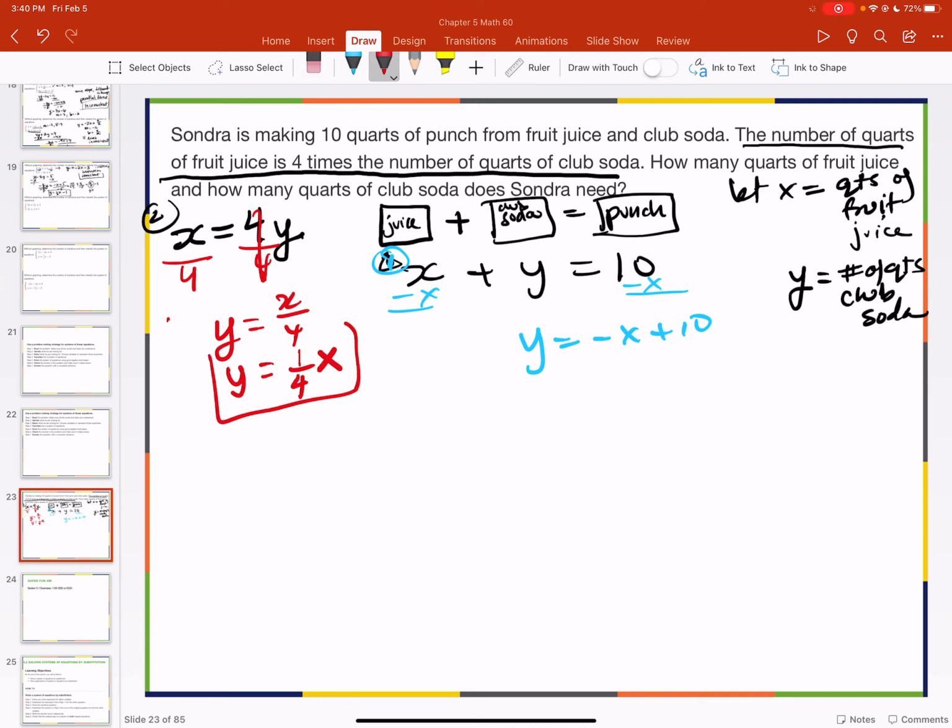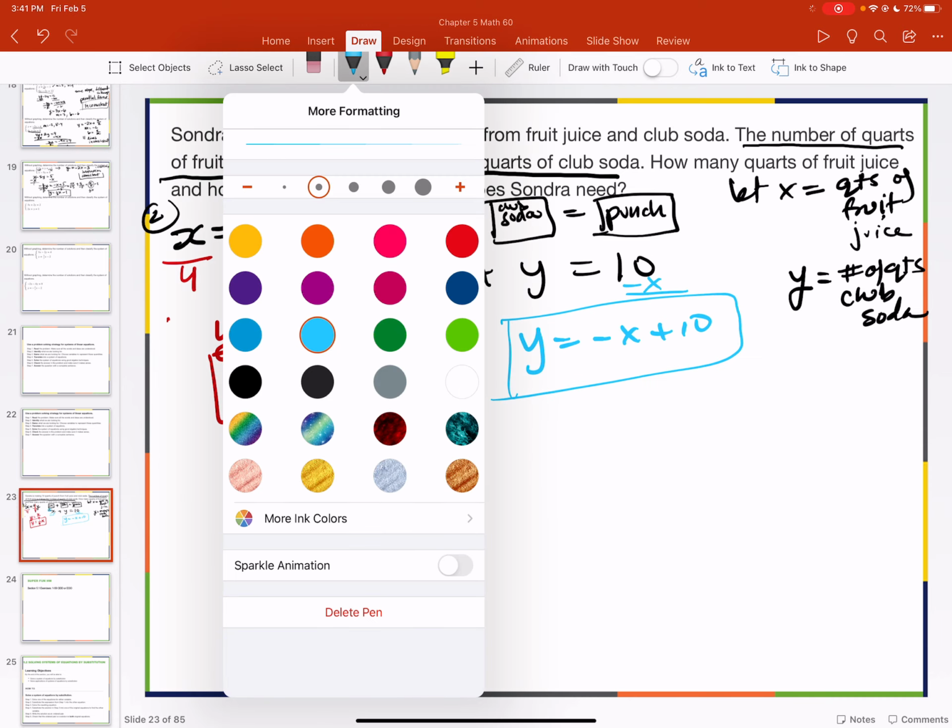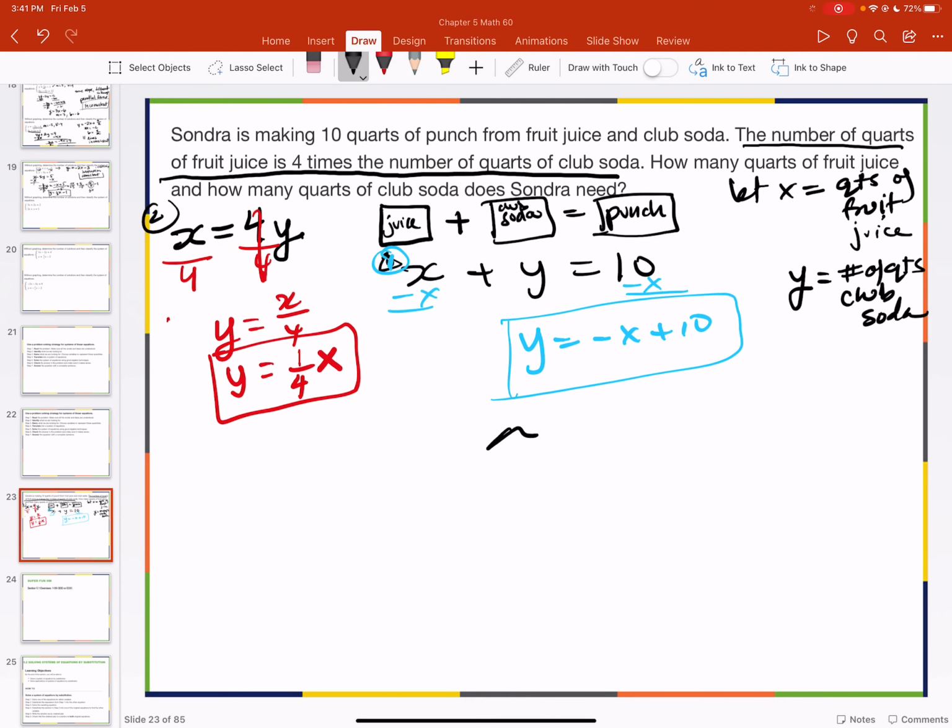Okay, so now we have the 2 equations. So let's go ahead and draw the graph and find the point of intersection like we've been doing. Okay, so here we go. The y-intercept is 10 here, and the slope is -1. So we need to make sure that we label our graph appropriately, 1, 2, 3, up to 10, the same size.